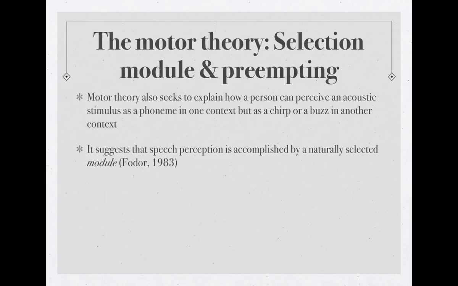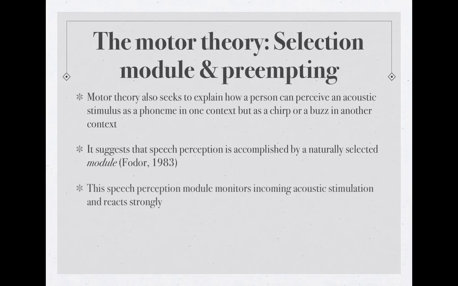This is the module called the selection module. Now what does it do? This speech perception module monitors, somewhere inside, what you hear, what you listen to. It monitors incoming acoustic stimulation and reacts strongly. It is very active.